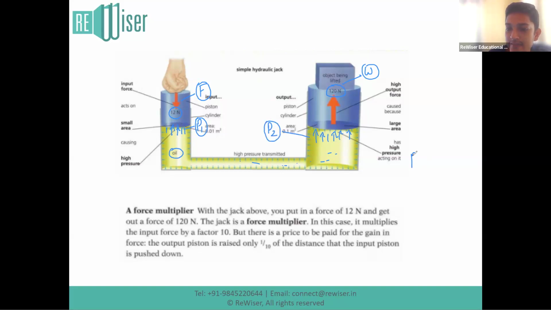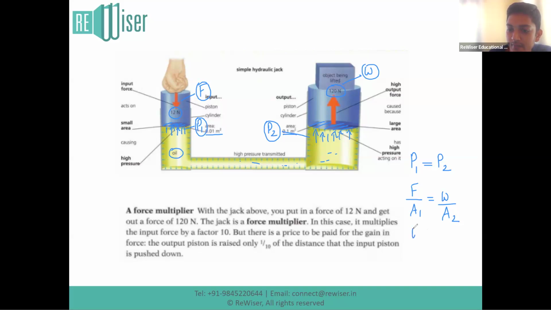So pressure P1 equals pressure P2. But pressure P1 is equal to the applied force F over, let's say, this smaller area A1, which equals the weight of the body over area A2. Here, they've taken a numerical example: the area is 0.01 meter square here and 0.1 meter square here.